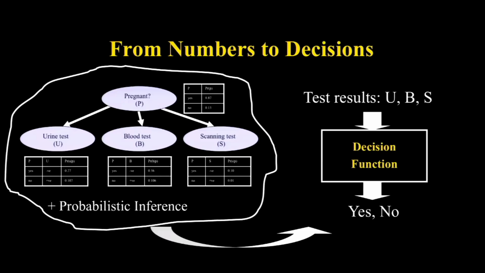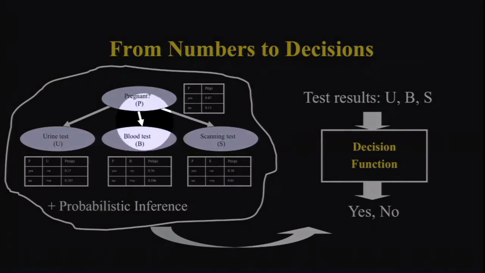So here's the main insight behind what we will be doing. What you have is a box that has a probabilistic model, and you're doing probabilistic inference on it. And based on computing posteriors, you're making decisions, right?